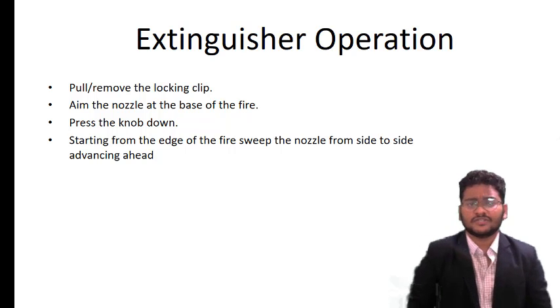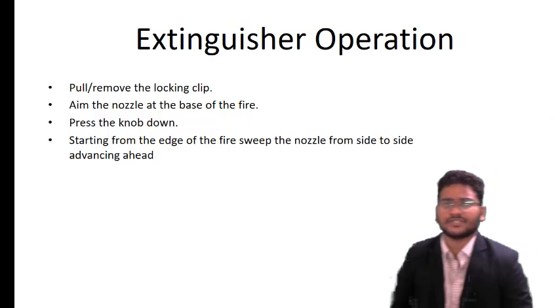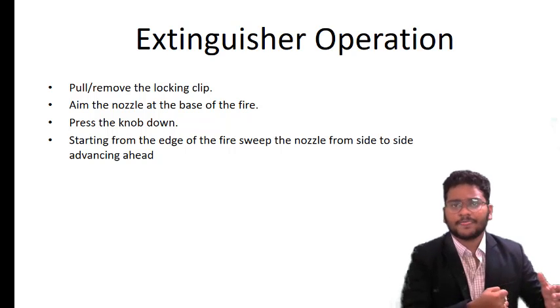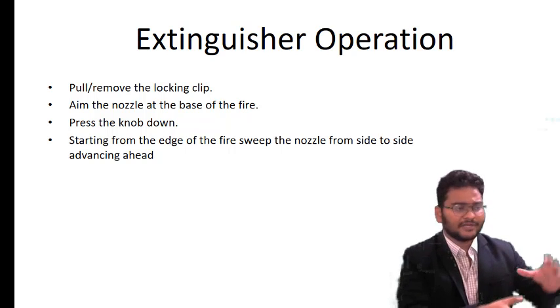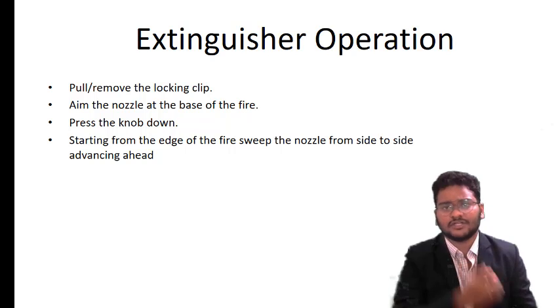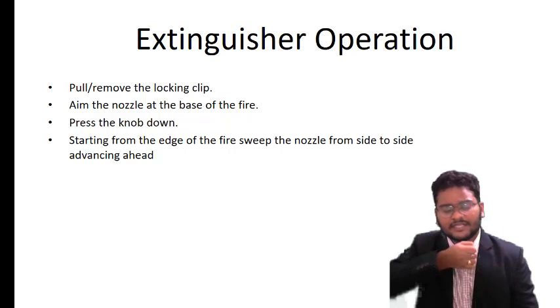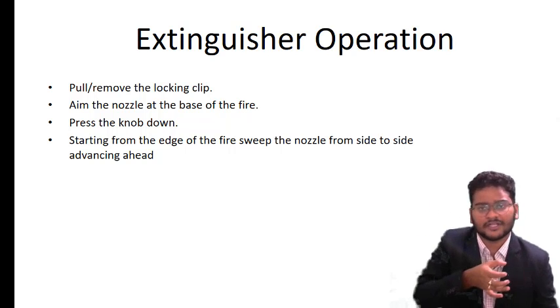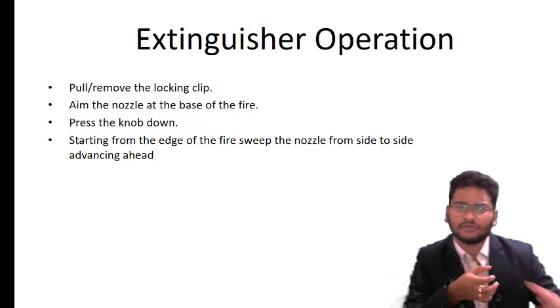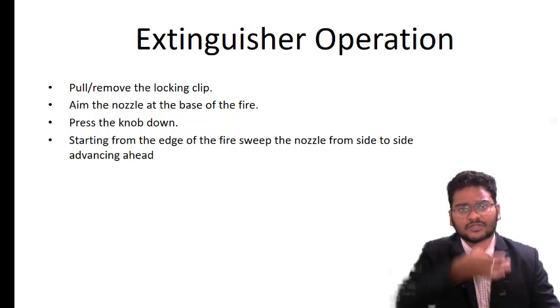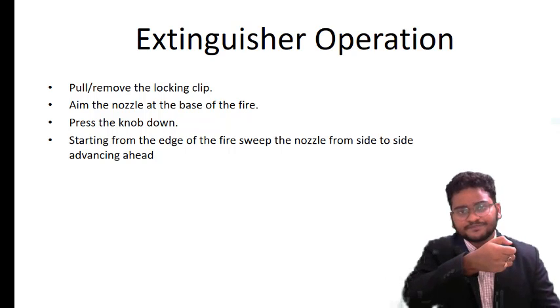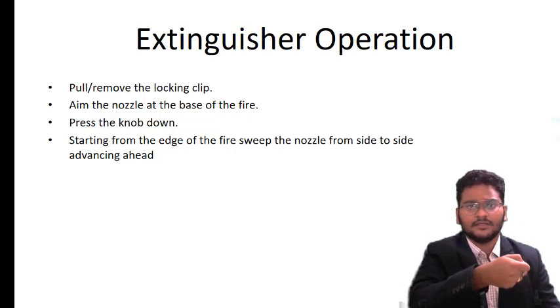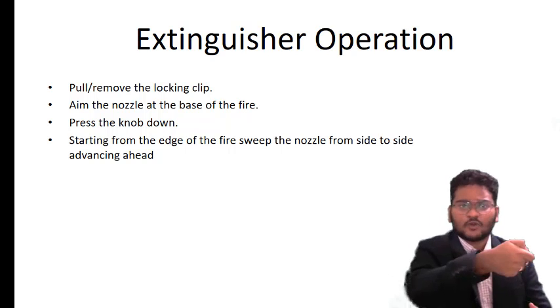So how does the extinguisher operate? Coming to the extinguisher operation, first of all we have to take the extinguisher into our hands and keep it in the right position, top to bottom. Two hands will be operating on the extinguisher: one hand at the bottom of the extinguisher, one at the top. We will press the nozzle initially.